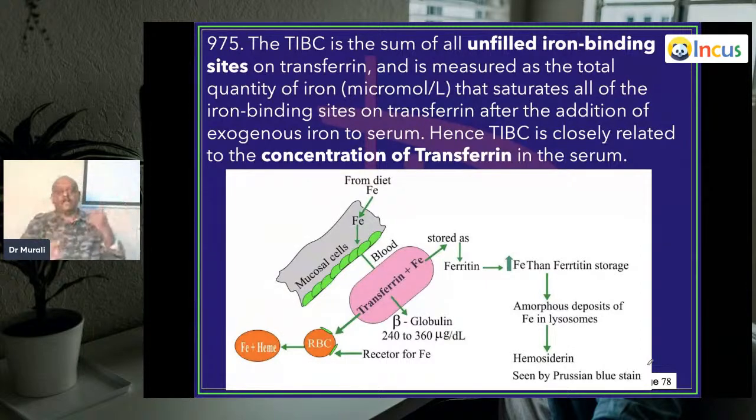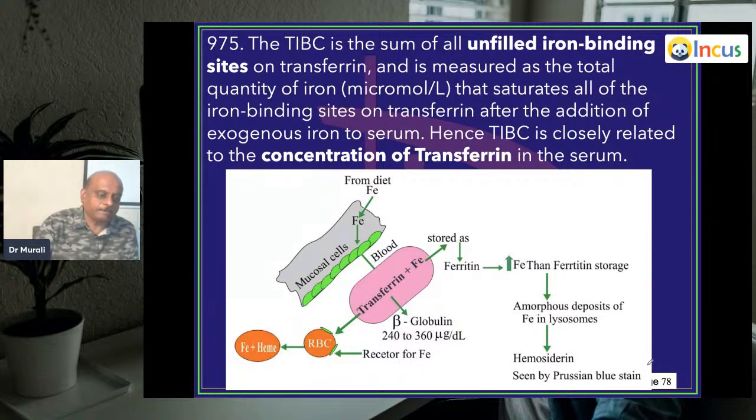Invariably, one question, definitely they will ask in every exam. Logically, you need to remember, no confusion in the exam. Is it TIBC high, TIBC low, TIBC high, TIBC low? No confusion. Clear cut. You need to be sure why TIBC is high, why TIBC is low, why ferritin is high, why ferritin is low here in IDA.